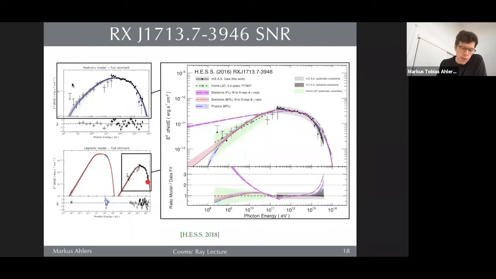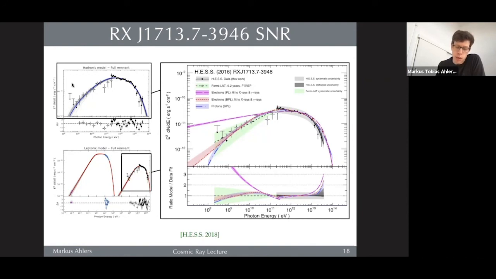The high energy end is inverse Compton scattering of the population with cosmic microwave background. So you have these characteristic 2 peak emission of the leptonic processes, and you can see that the data can be fitted by both of these scenarios as long as you tune the distribution of electrons and protons.